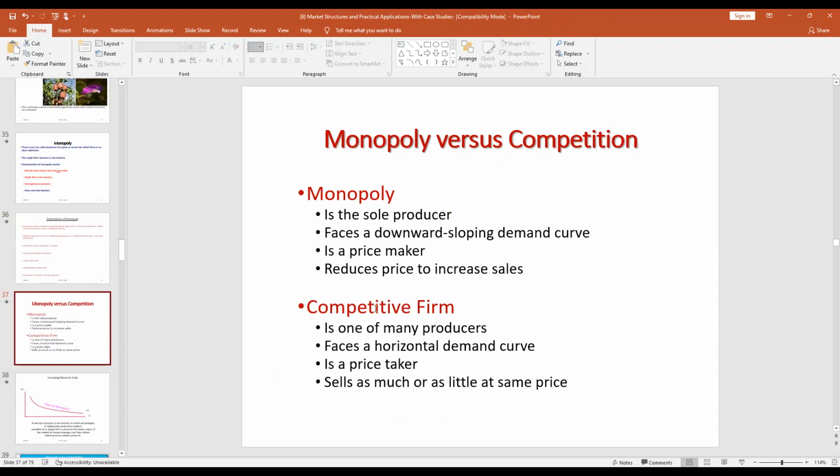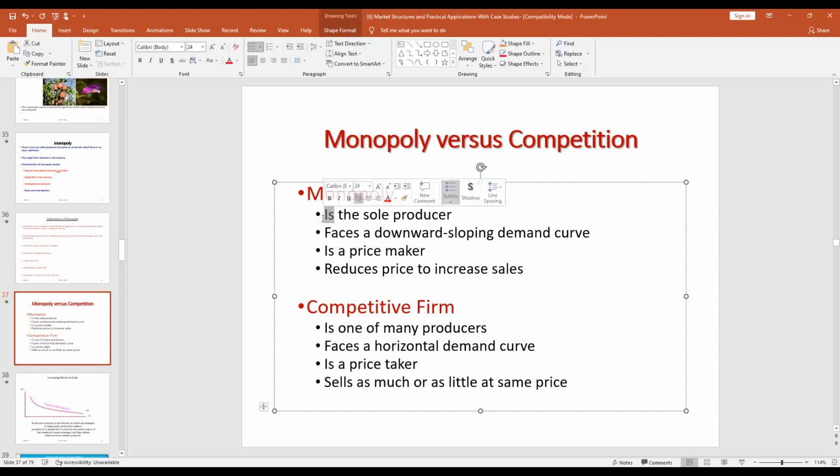Monopoly, unlike the perfectly competitive market, has one producer with a downward sloping demand curve, and the price is not given. They are making the price; they are price makers. You can say that the sole producer, price maker, reduces price to increase sales.